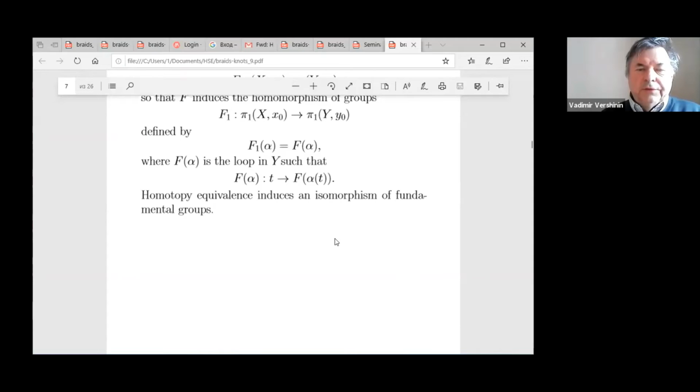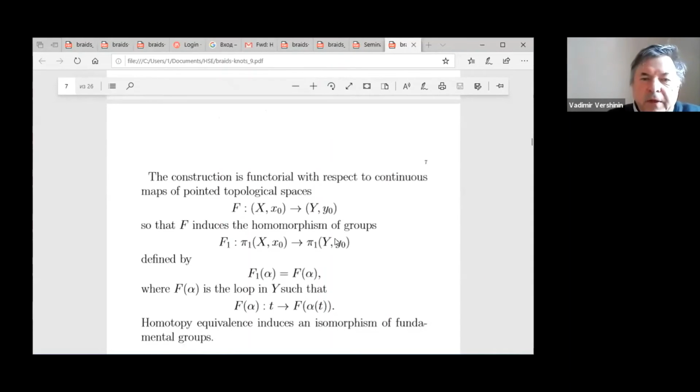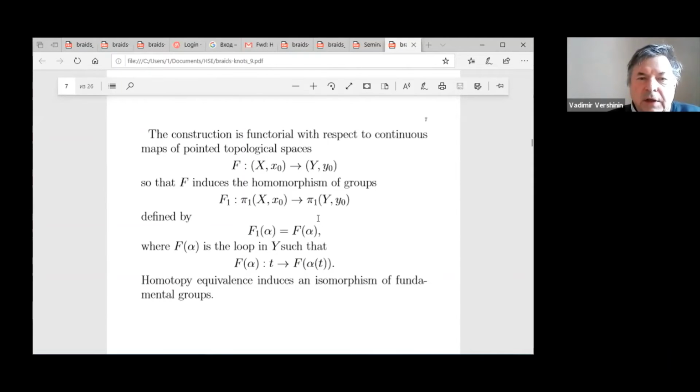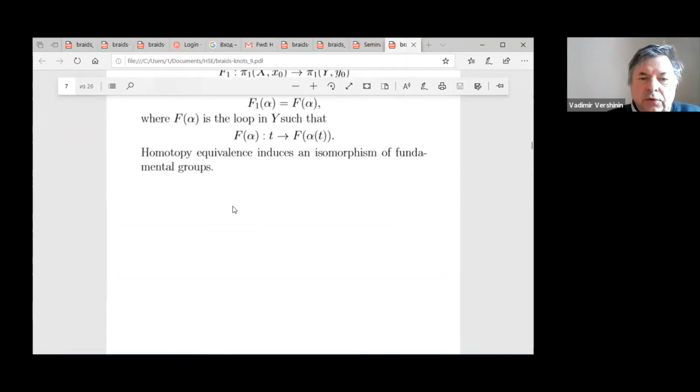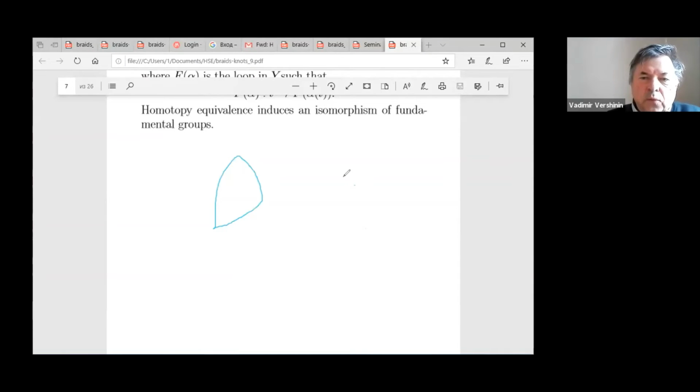So the fundamental group behaves correctly under maps. This is also geometrically evident. You have a space X, you have a space Y. If you have a continuous map between them, then any loop goes by the continuous map to a loop over there.